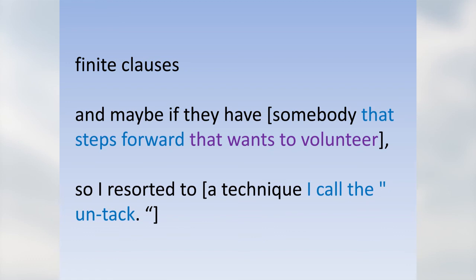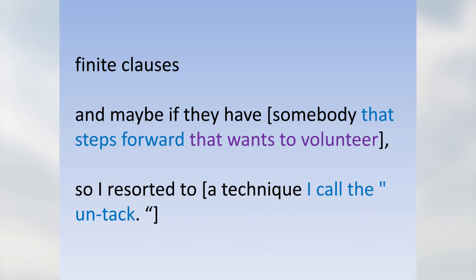It's just like I want to volunteer, right? It's a clause. All right? And they're finite because of their verb forms. These are the present tense, right? This is the third singular present, in both cases. So primary forms, these are finite clauses. What are they doing? They're modifying somebody. Relative clauses come after the head.